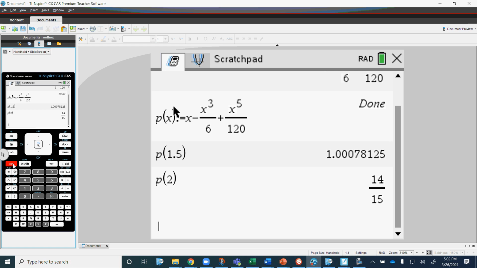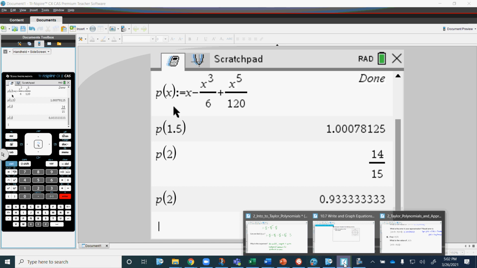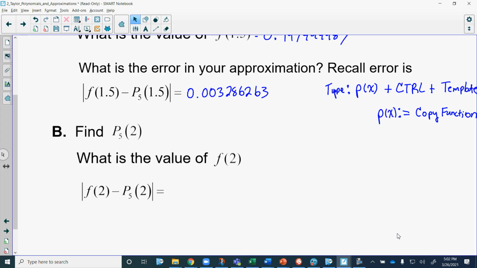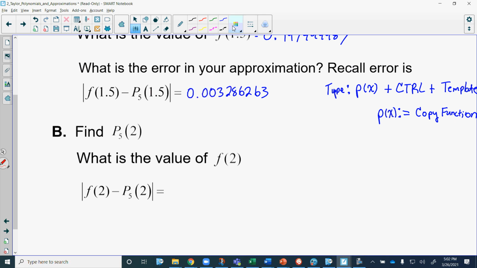And otherwise, I can do it as a decimal number, 0.93 repeating. So let's go back to this. Let's get a different color here. So what did we have? This was 14/15, or as a decimal, it was 0.933 repeating.